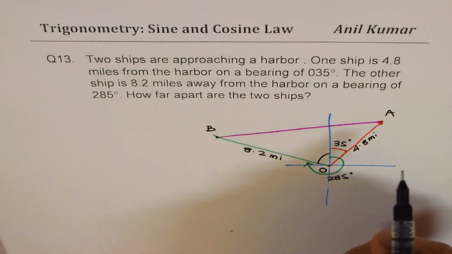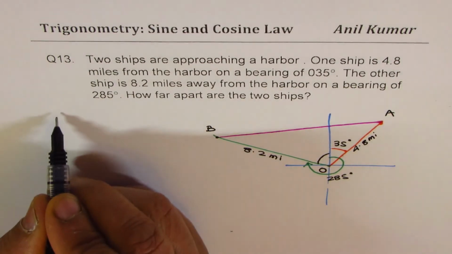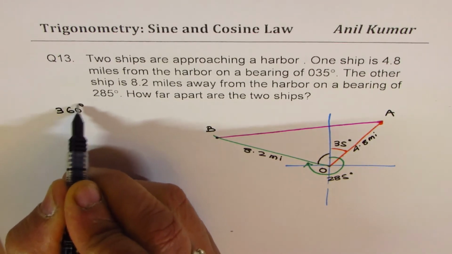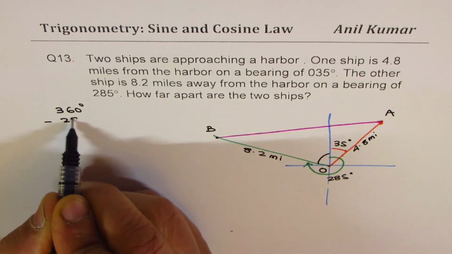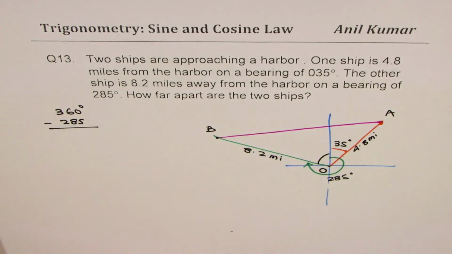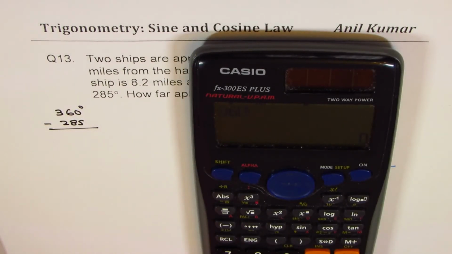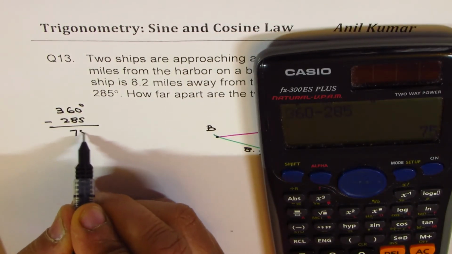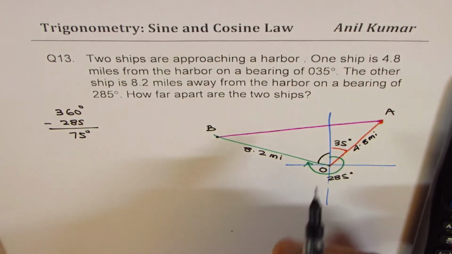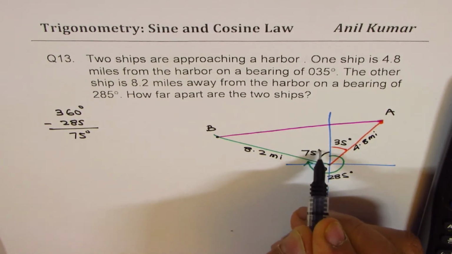So let's calculate that angle, which is 360 degrees take away 285. That gives you 75 degrees. So that angle is 75 degrees.